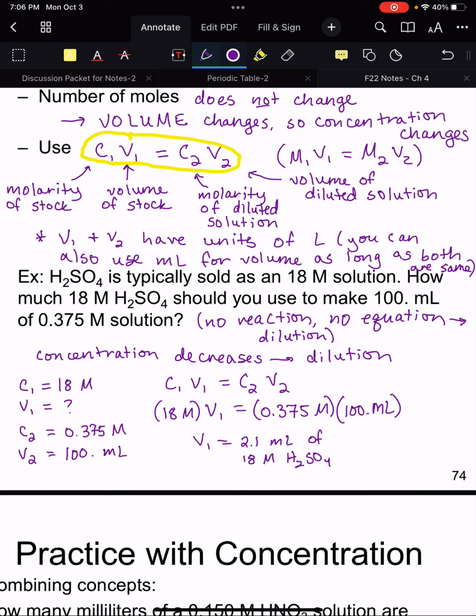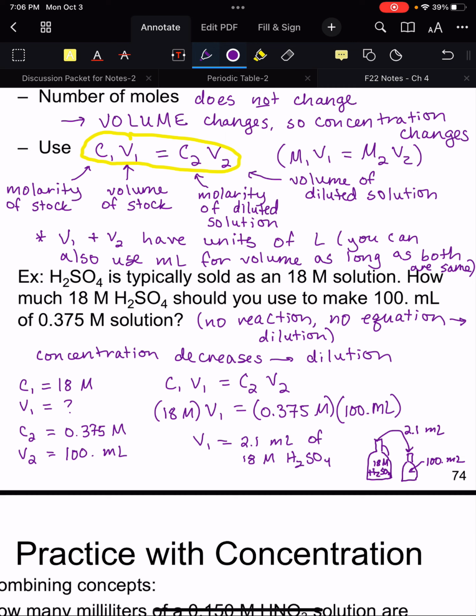And if you're trying to picture what's going on here, essentially you'd have a large container of H2SO4, which is the 18 molar, and you'd take a tiny amount of it, that 2.1 milliliters, and add it to a 100 milliliter volumetric flask.